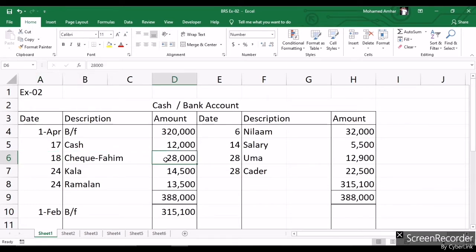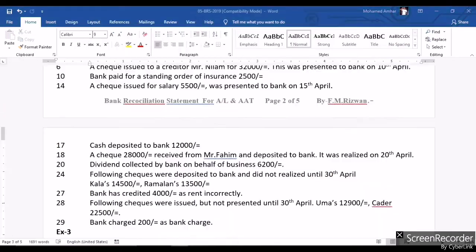A check received from Fahim 28,000 is debited. And that 28,000 we deposited in the bank. Not 18,000, 28,000. It was realized on 20th April.